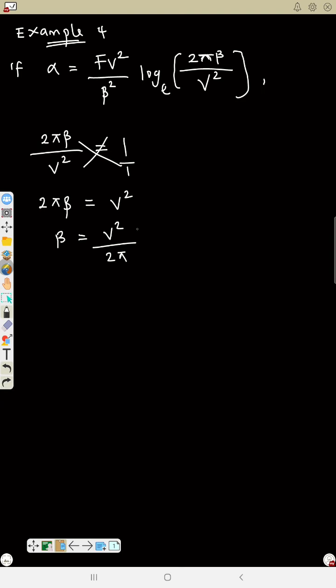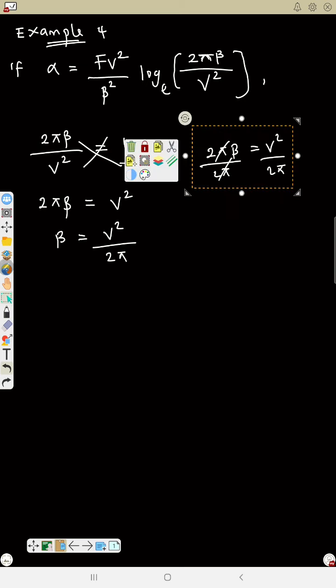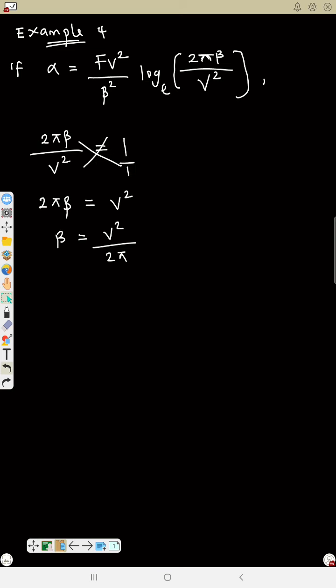If you don't get that part, 2 pi beta is equal to v squared. Divide both sides by 2 pi so that 2 pi will go. Beta is v squared divided by 2 pi.